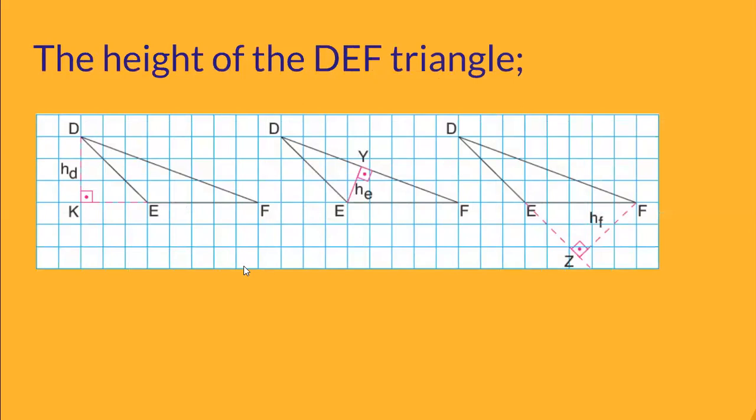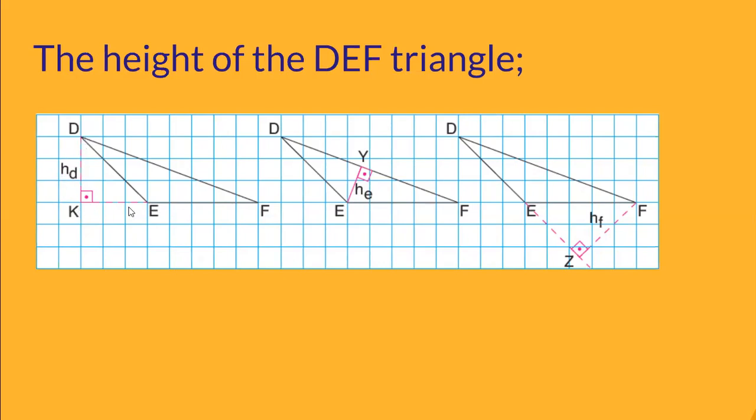Okay? Then, when we look at the height of the DFE triangle, HC is out of the triangle DFE. HE is not out of the triangle. Okay, look, this side and this corner. From this corner to this side, the right line segment must be HC.